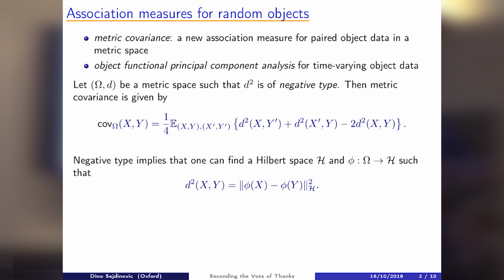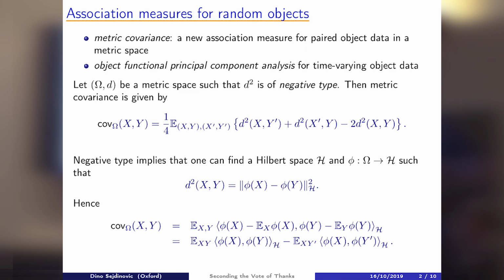Okay, so because this is just a square of a Hilbert metric, we can put it back into the original expression for the metric covariance, and we see that the notion of metric covariance simply corresponds to a difference in expectations of the inner products between feature maps under the joint and under the product of the marginals. So if we think about inner product as some notion of similarity, it will consider if x and y are on average more similar in the coupled regime than in the uncoupled regime. And importantly, this quantity can be both positive and negative. Okay?